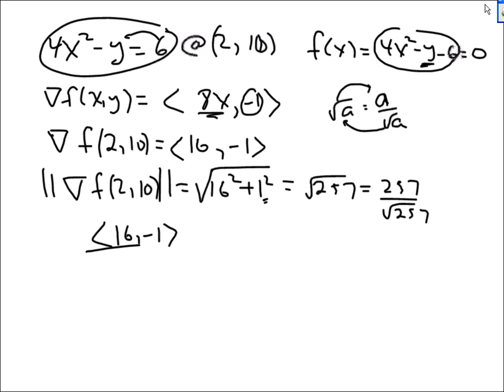So I divide by the length, 257 divided by the square root of 257. And that gives you a unit normal vector to the graph at that given point.